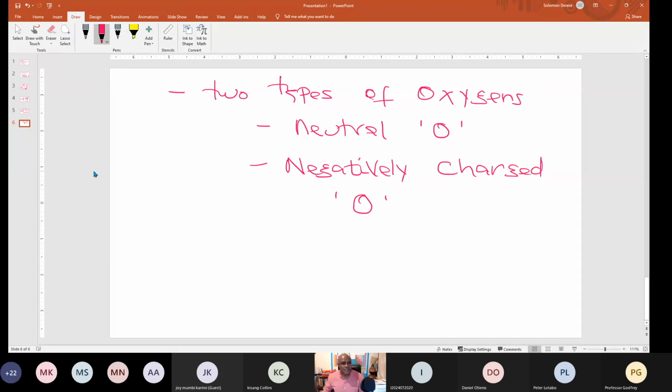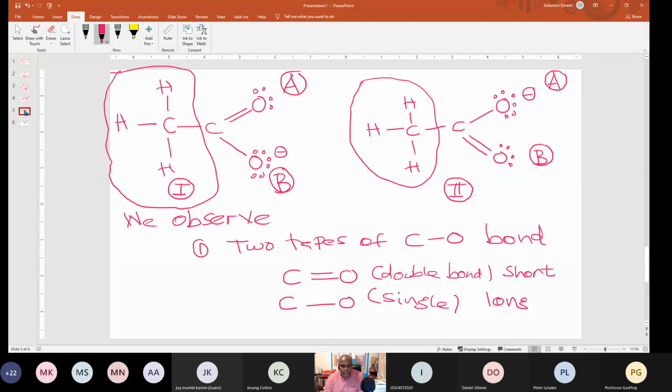So, is it very clear? Hello? Yes, very clear, isn't it? We see two types of carbon-oxygen bonds, and then we see two types of oxygens. One of the carbon-oxygen bonds being double bond and short, the other being a carbon-oxygen single bond, therefore long.